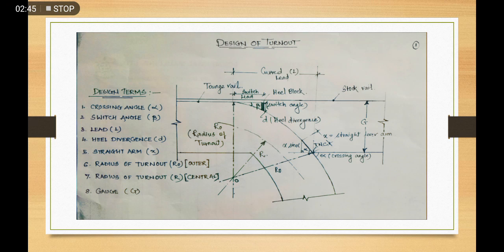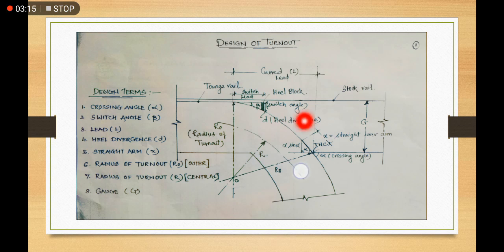Third point is lead of crossing, or it is also called lead. Now here lead is the horizontal distance. Again it starts from the tangent point and it ends at the theoretical nose of crossing. So whatever is the distance between these two points is called the lead. Then fourth point, it is heel divergence.